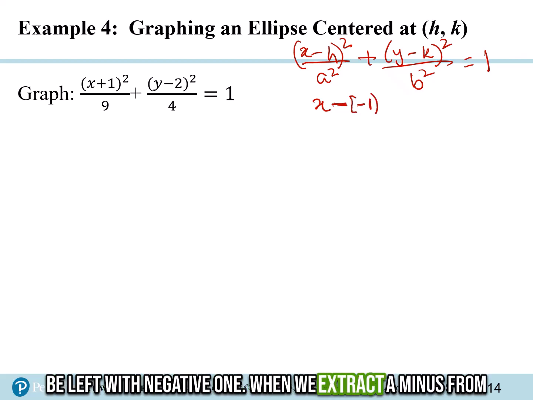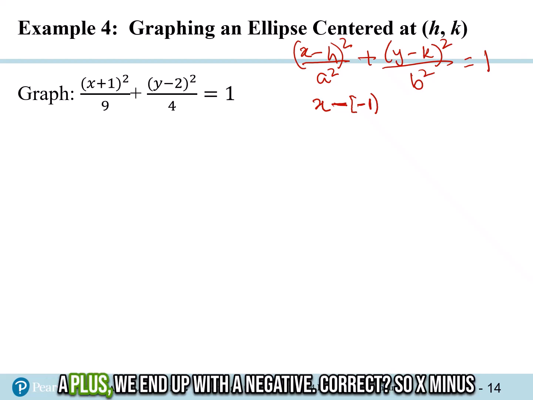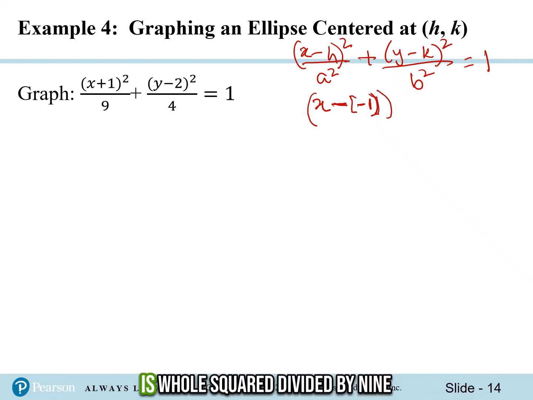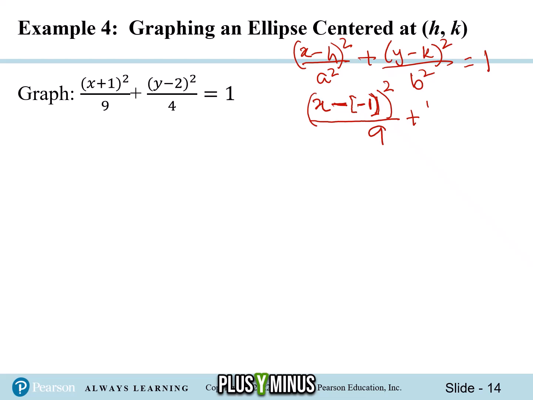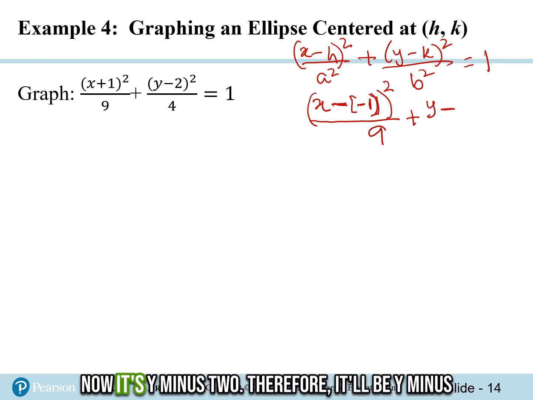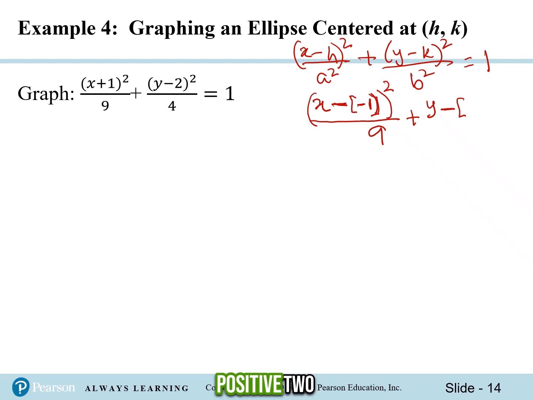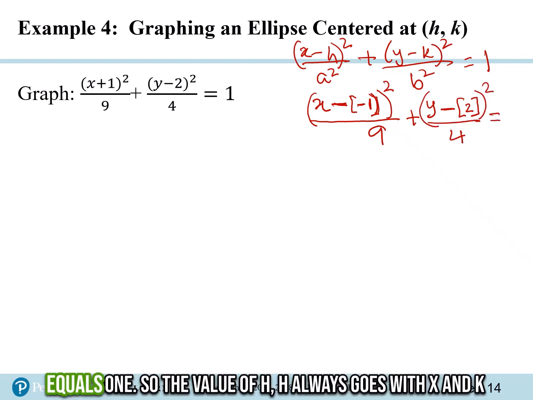When we extract a minus from a plus, we end up with a negative, correct? So x minus minus 1 whole squared divided by 9 plus y minus, now it's y minus 2, therefore it will be y minus positive 2 whole squared divided by 4 equals 1.